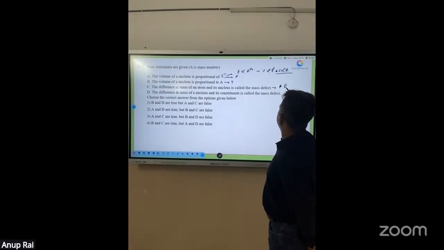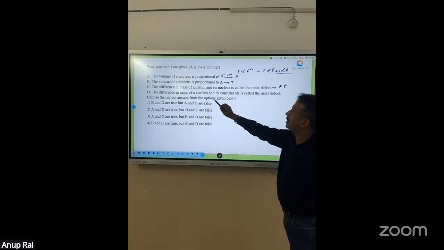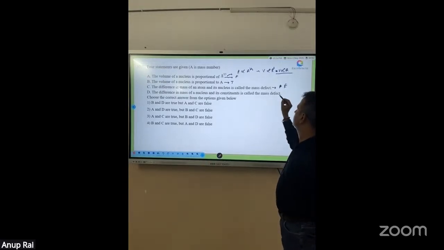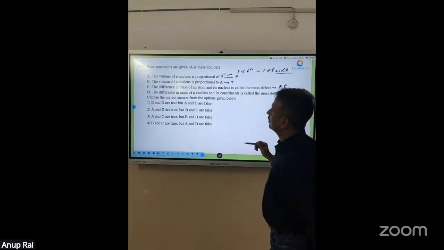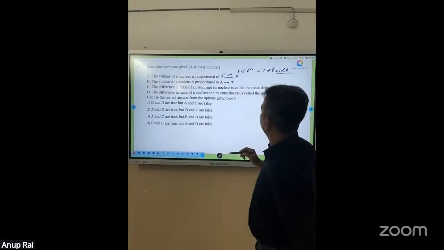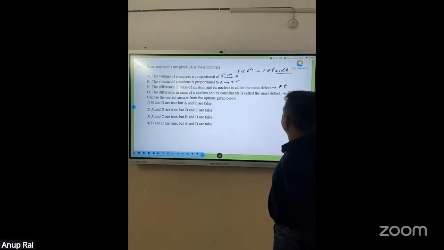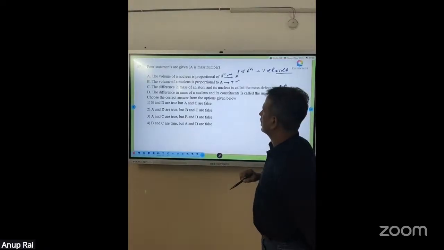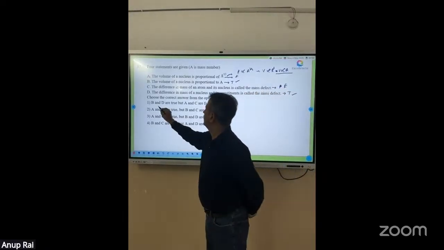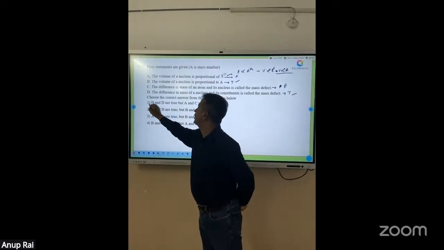And the difference in mass of a nucleus and its constituents, this is true. Then which are the statements we are finding true? There are 4 statements, right? So B is true and D is true, and the rest are false. So B and D are true, but A and C are false. This is the correct one.